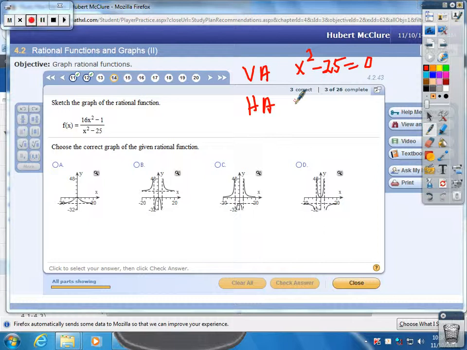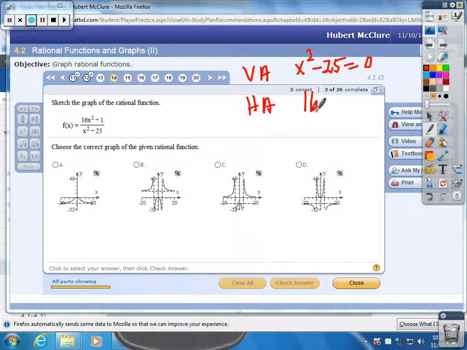I don't think we had a 16 in front of the other one a while ago. So this is going to be a horizontal asymptote of 16, because this 16 is the coefficient, and you keep that coefficient right there.